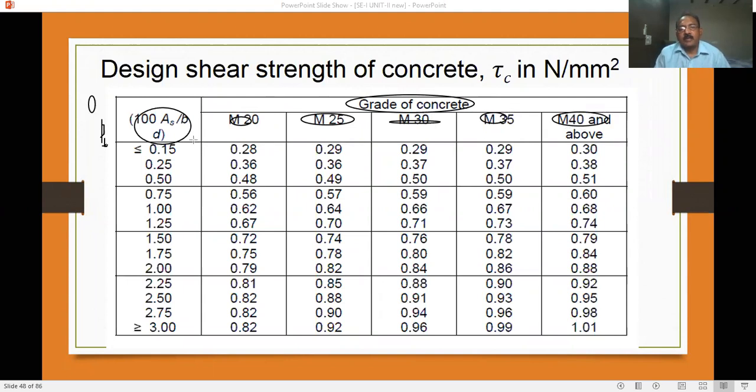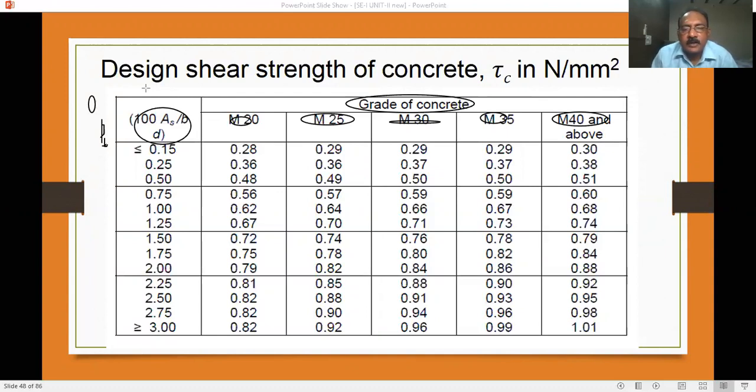If you observe this very important table, we have to use it whenever a beam section is given reinforcement. After designing the beam, we take the percentage of longitudinal reinforcement and then the grade of the concrete, to find how much shear strength will be taken care of by your concrete, tau C, in Newton per mm square.